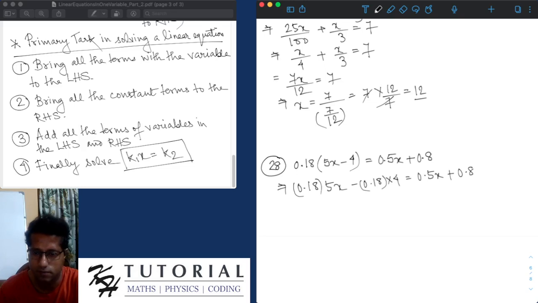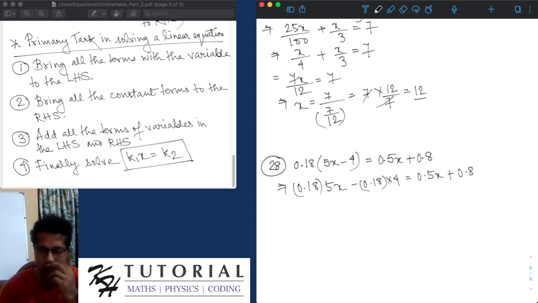Now will I multiply by 100 first, or will I simplify the products and then multiply with 100? I think in both cases the time taken will be the same, and the effort required to do the multiplication will be the same.